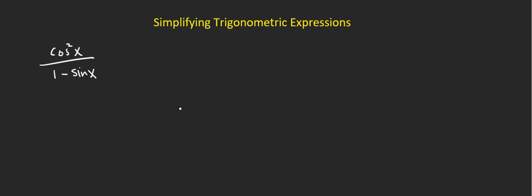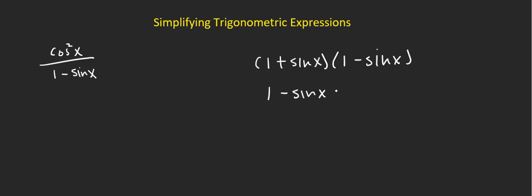Let's take a look at this example, cosine square x over 1 minus sine x. In order to simplify this, let's review what this is. When you multiply this out, you'll get 1 minus sine x plus sine x minus sine square x.